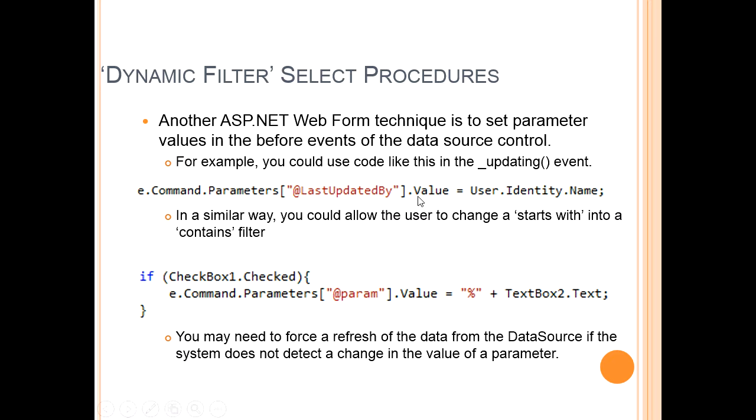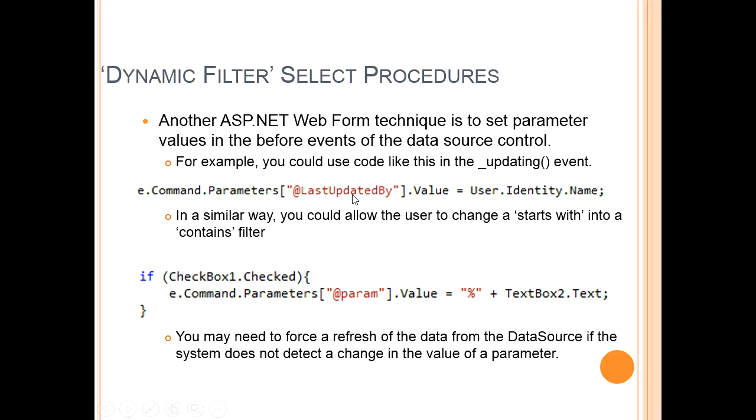In my code here in the PowerPoint slide, it shows something we've talked about but never got time to actually show you. How do we provide that audit information on who is changing the record? Well, we never did actually set up any parameters in our grid views or details views to handle that, but we could do it right here in code. When you go to insert or update, in that event handler, we could just go e.Command.Parameters, and that gives us access to the parameters.